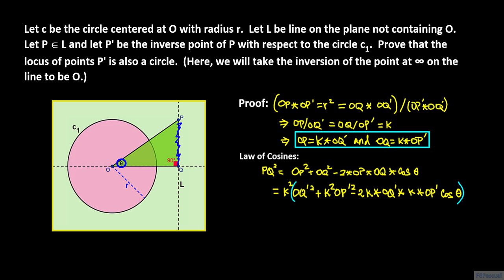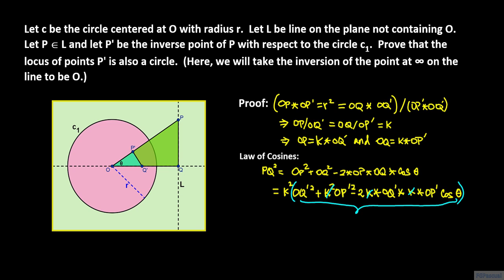We factor out K squared and observe that the quantity inside the parentheses is the law of cosines applied to the small triangle. And on the small triangle, the side that is opposite theta is the side P'Q'. And so what we have inside the parentheses is the square of P'Q'. Therefore, the square of PQ is equal to K squared times the square of P'Q'.